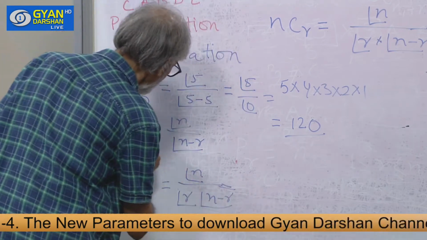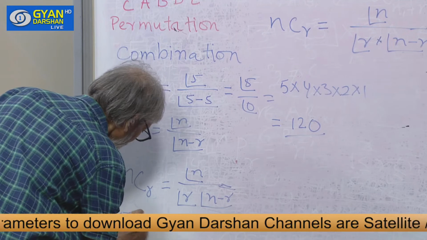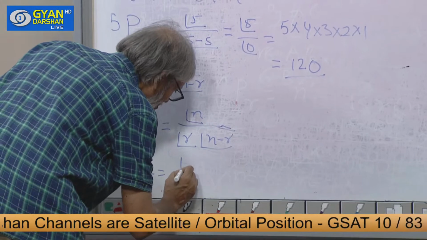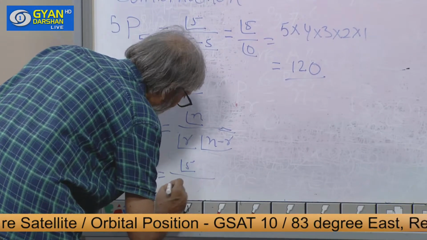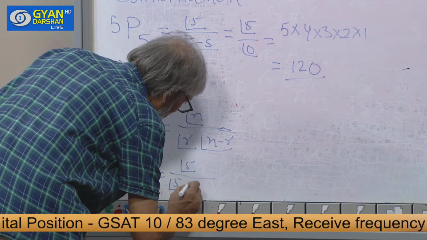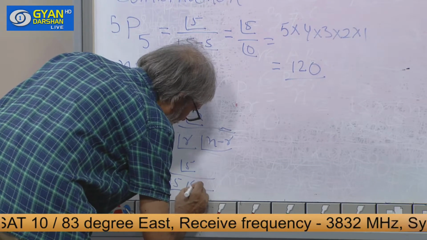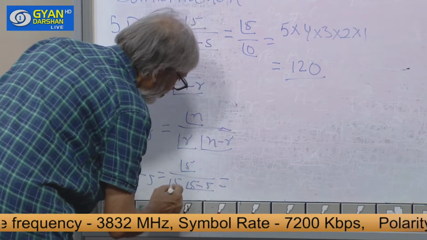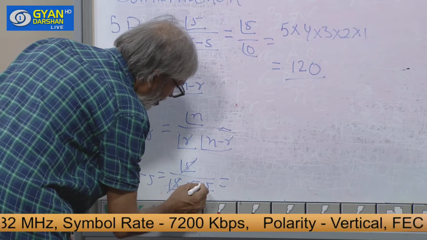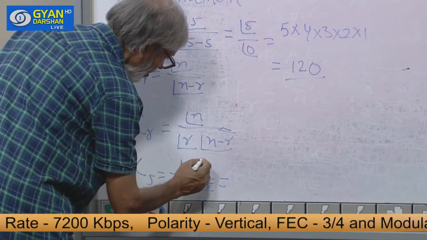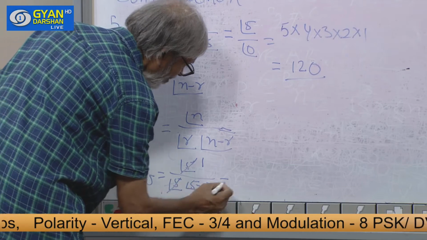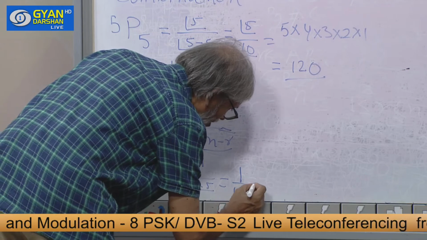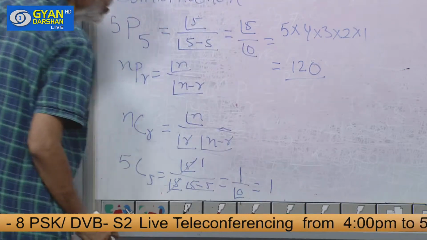So, 5C5 will be equal to factorial 5 upon factorial 5 into factorial 5 minus 5. Factorial 5 will be cancelled out, 1 will be here and factorial 0 is 1, so 1 divided by 1 is 1.